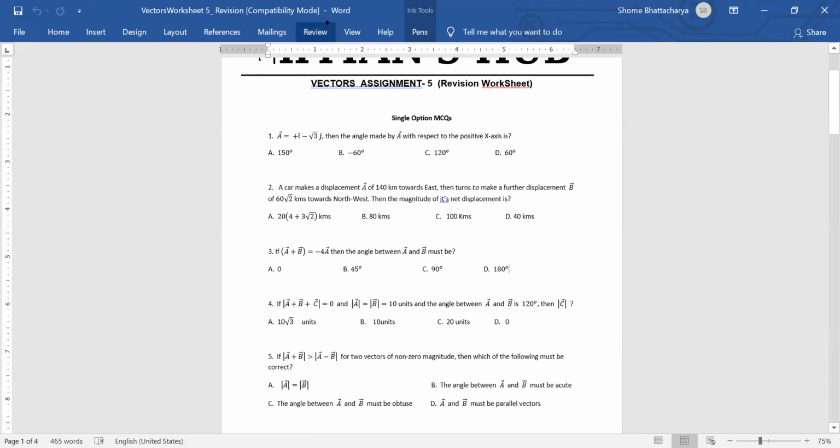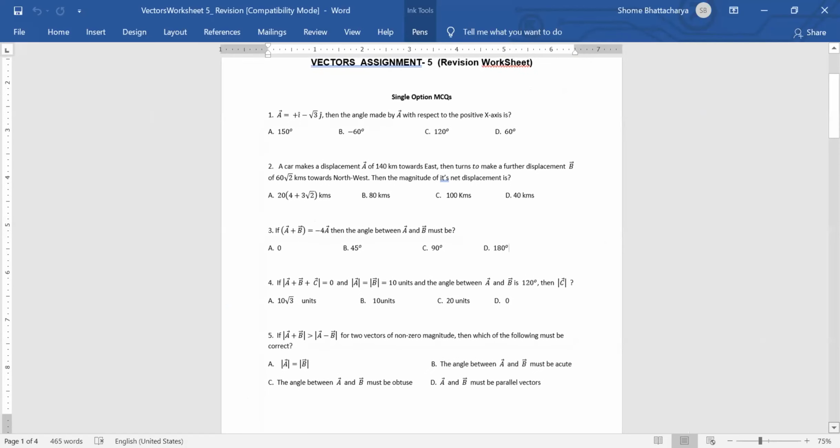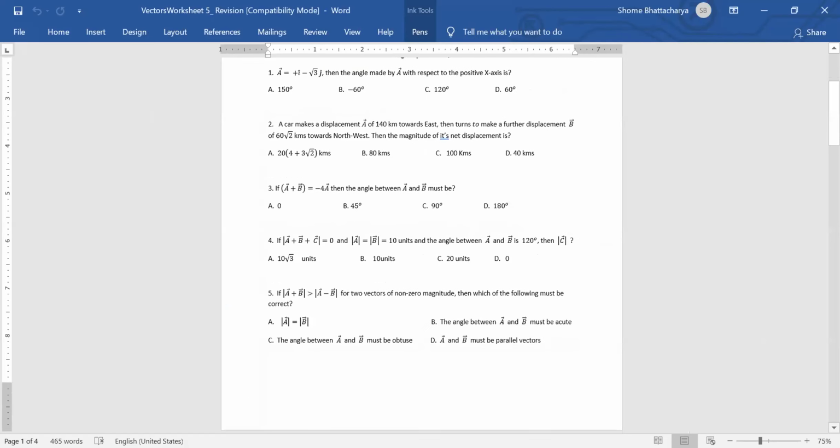Let me just explain these two questions for those who haven't got it yet. And those of you who have understood these two questions or got the answers, try out the fifth question next.